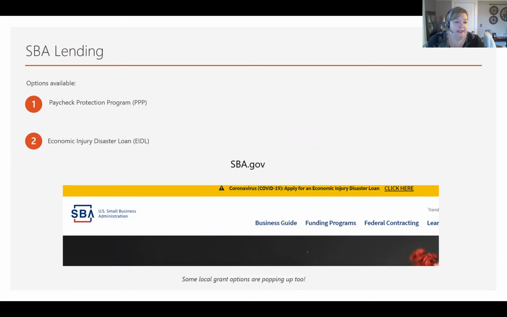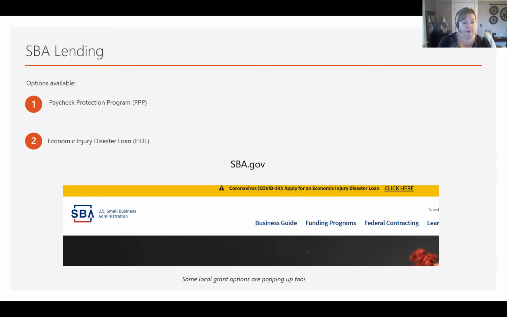The first part we're going to talk about is the lending portion. So SBA has come out with a couple of programs to support the CARES Act, and the first and most popular, and the one that starts today that's generating a lot of questions, is just where we're going to start. The Paycheck Protection Program, also known as PPP, allows for an SBA loan to pay for payroll so you don't have to lay people off, and it can be forgiven.